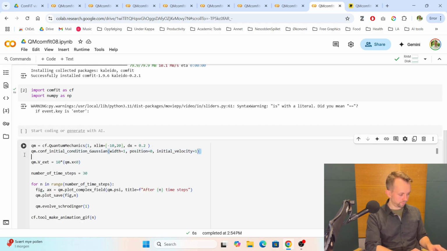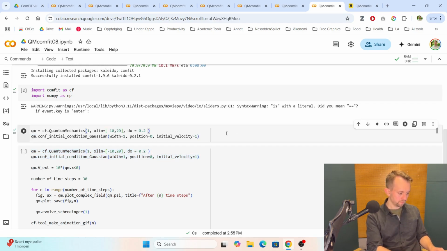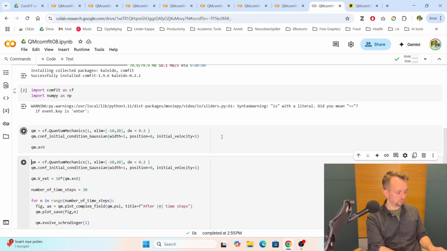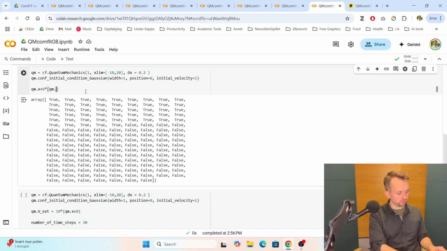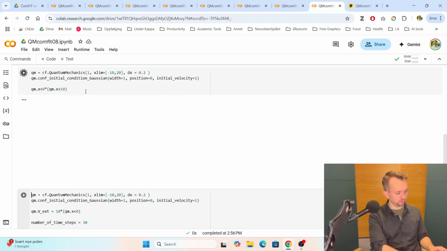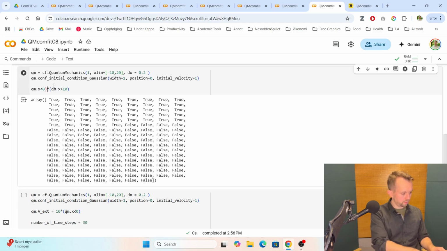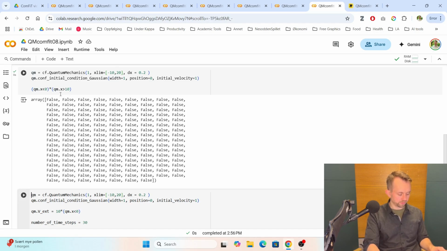Let's just create this object. Qm.x smaller than 0 will give me something that's true everywhere. I cannot multiply with qm.x bigger than 10 because that I think is going to give me false all the time. Yeah, it's because it's never both of those.